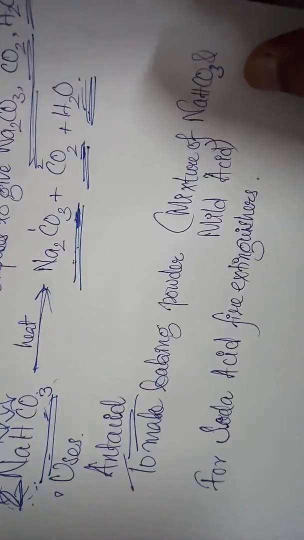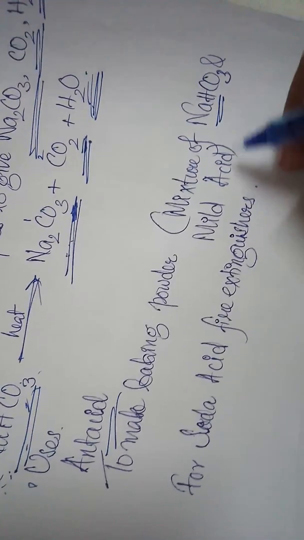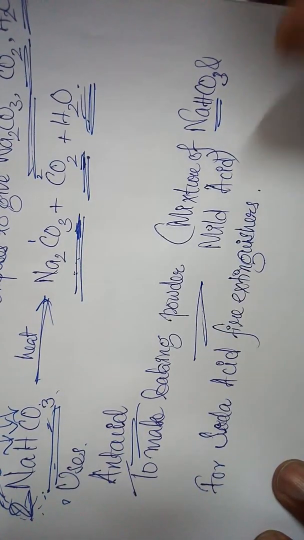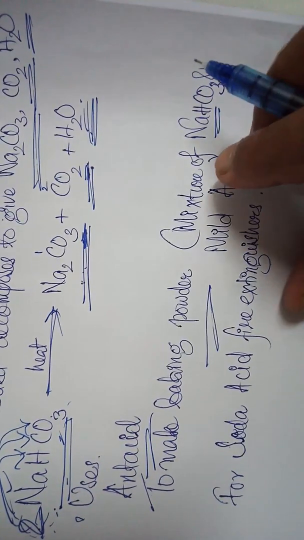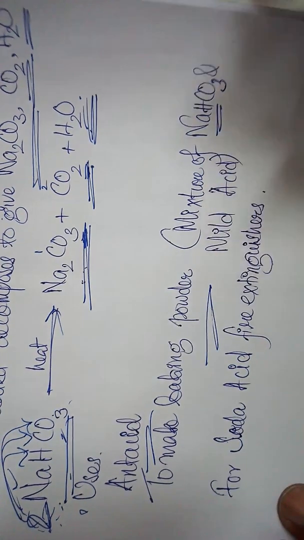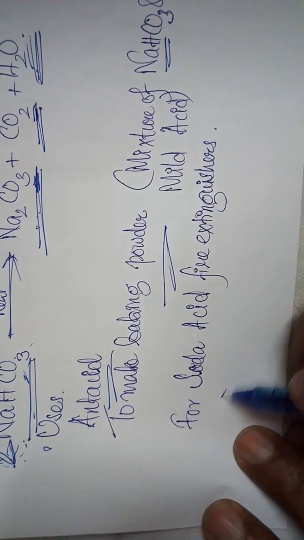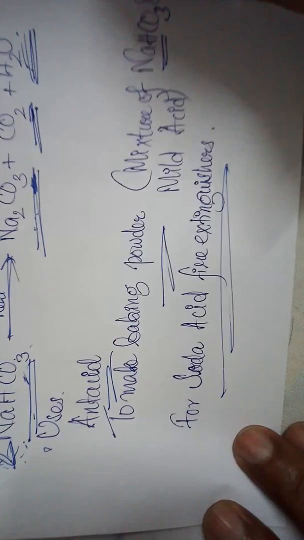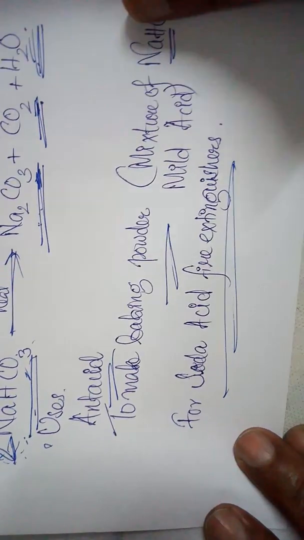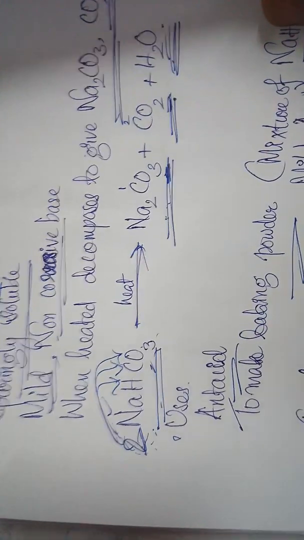Baking powder is a mixture of sodium hydrogen carbonate and a mild acid. What type of acid is that? Tartaric acid, something like that, a mild acid. Sodium hydrogen carbonate is also used in soda acid fire extinguishers, which are used for extinguishing fire.